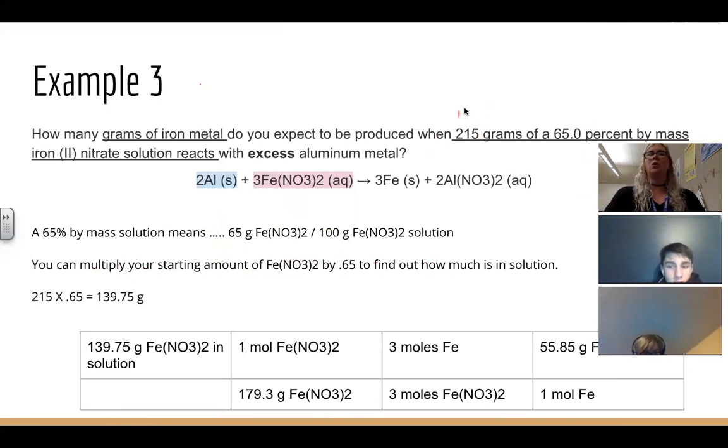Well, we're being told that we have 215 grams of solution. So we want to know, how much of that is the iron(II) nitrate? We're going to take 65% of it, or multiply by 0.65. By doing that, we find out that we have 139.75 grams of iron(II) nitrate.